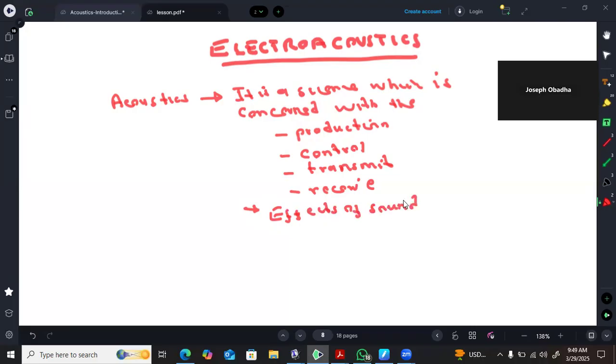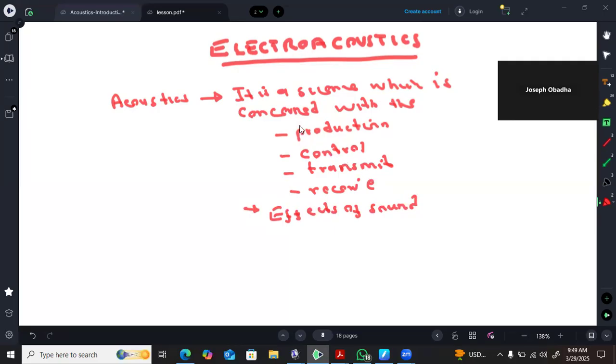So you can see that this area is a very wide area which can be concerned with several aspects and professions in our lives.